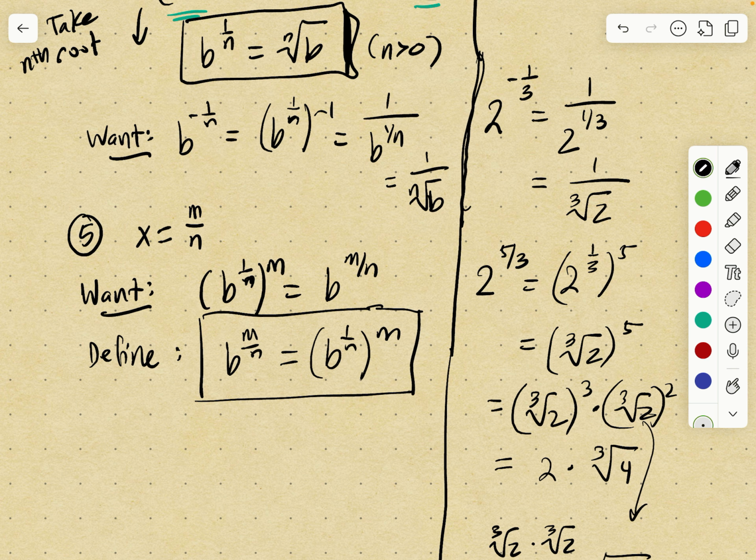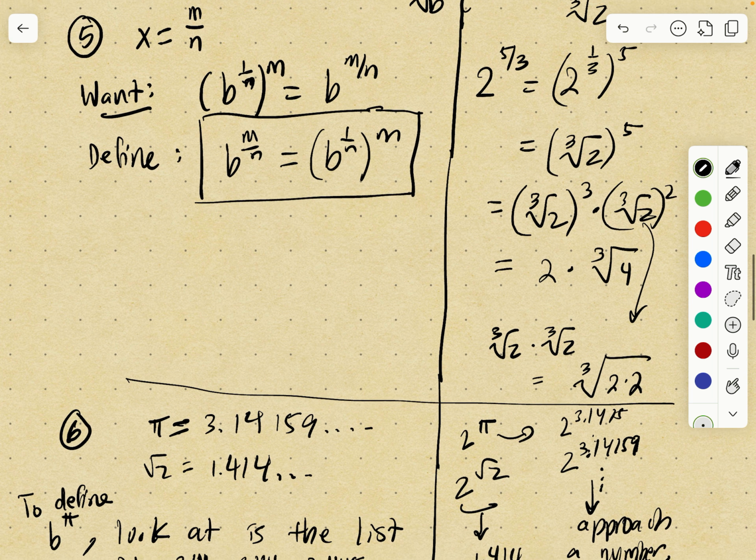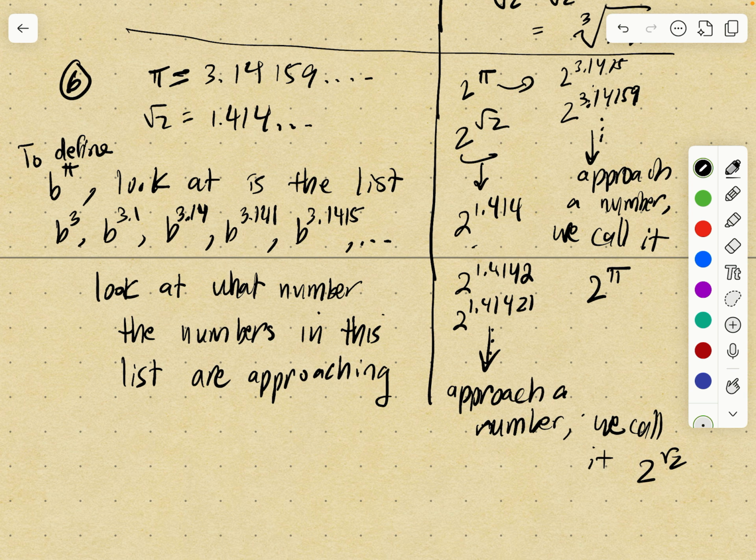Then once you have that, it's an easy step to go to m over n. That's just b to the 1 over n raised to the power of m. And then the last step is when you have an irrational number. It can be approximated by this infinite list of rational numbers.